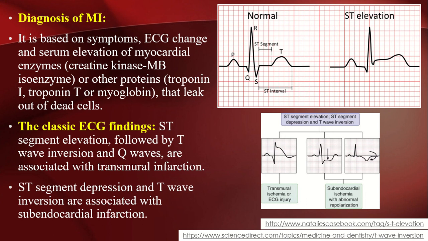The classic electrocardiographic finding is the normal PQRST complex, but in myocardial infarction, especially in transmural infarction, we find elevation of the ST segment, and in subendocardial ischemia, depression of the ST segment.